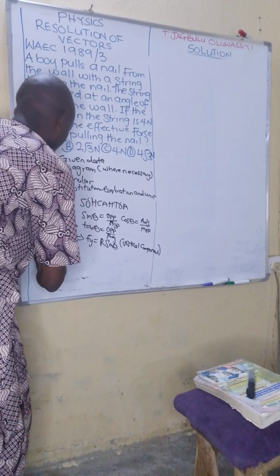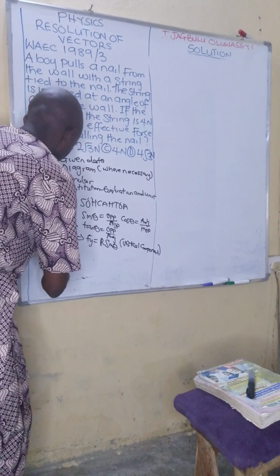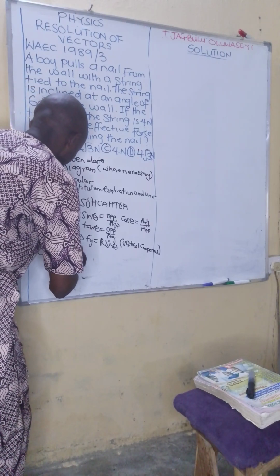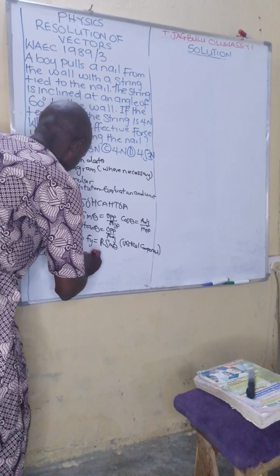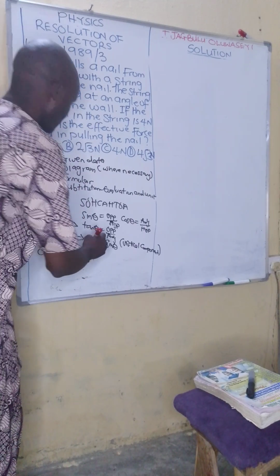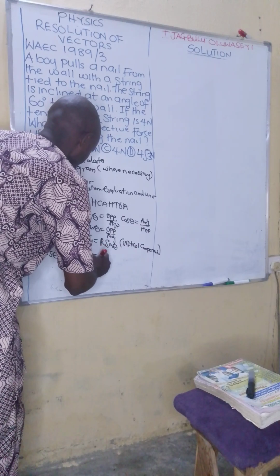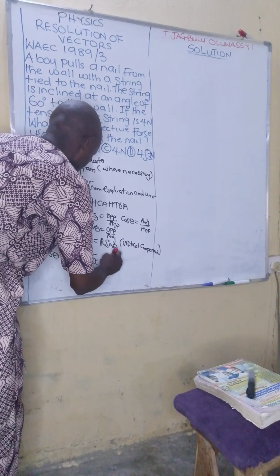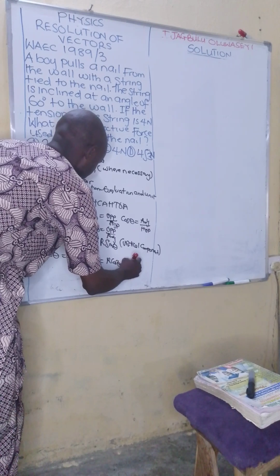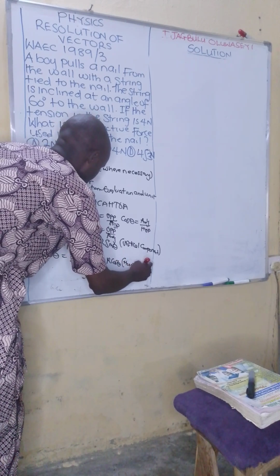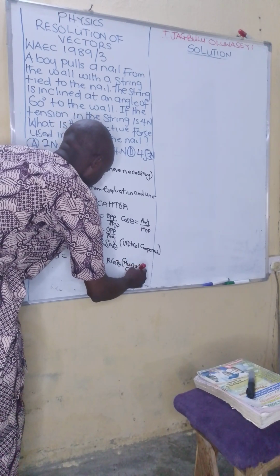Then our horizontal component is cos theta is equal to Fx all over R. So we make Fx the subject of the formula. That will be Fx is equal to R cos theta. That is the horizontal component.